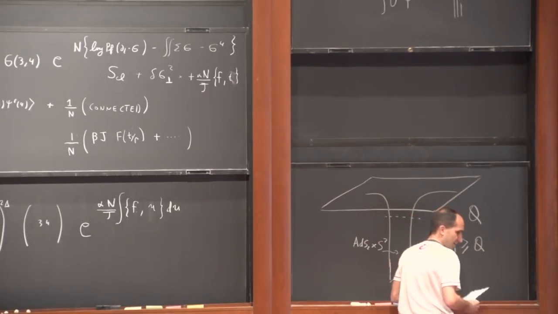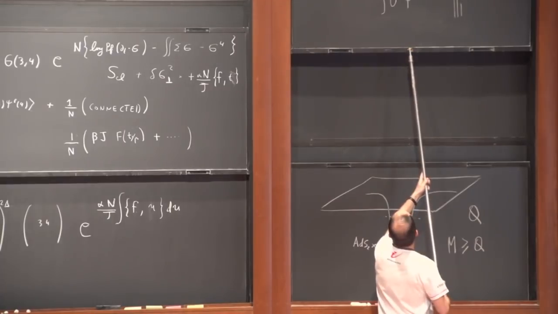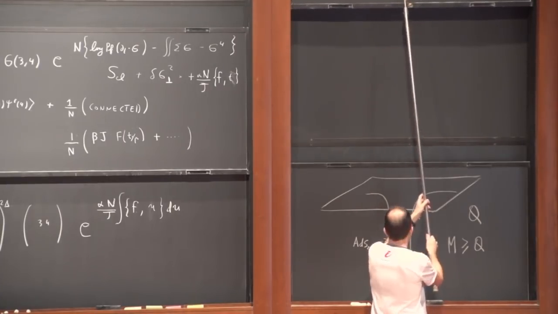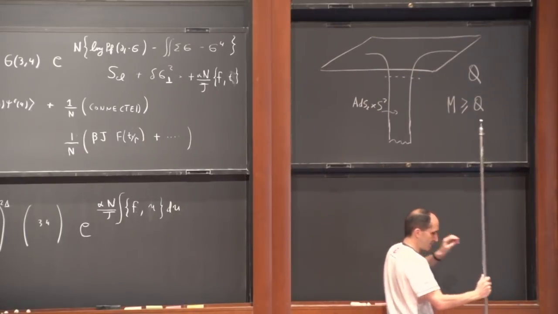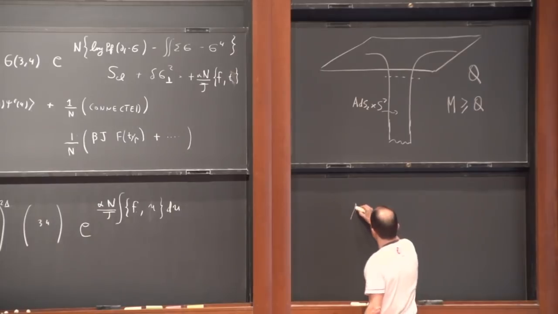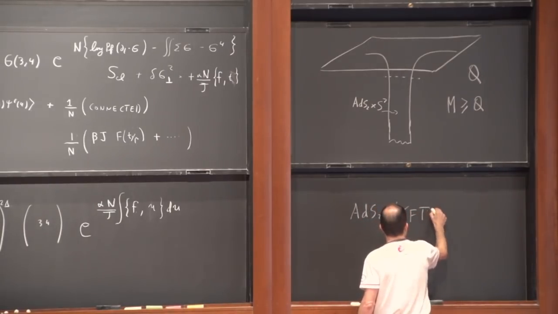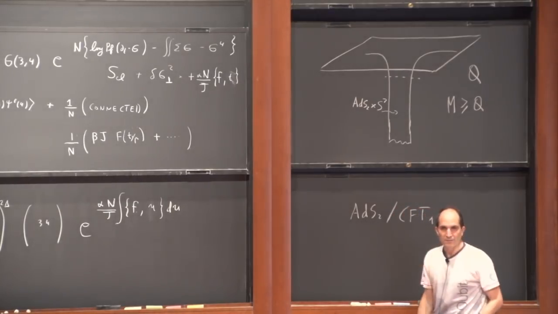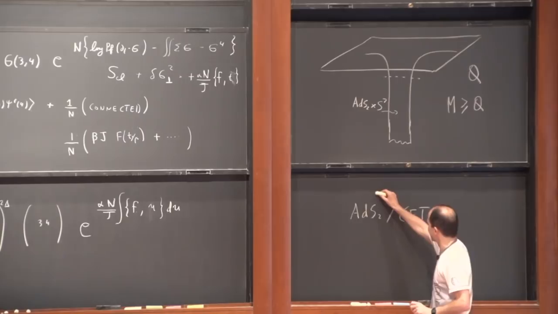So the most naive idea would be to say that it also works in this case, and that there should be some version of ADS2 CFT1. So if you don't remember anything else from this lecture, I want you to remember that this is wrong. Okay.